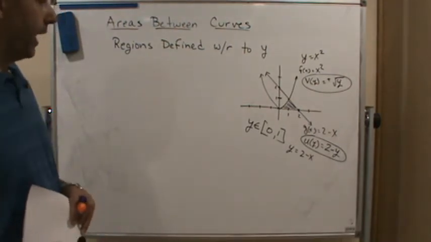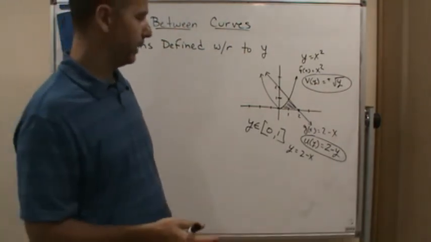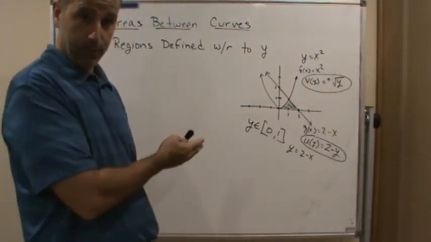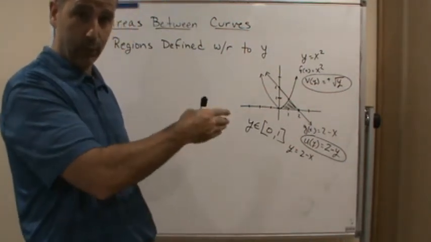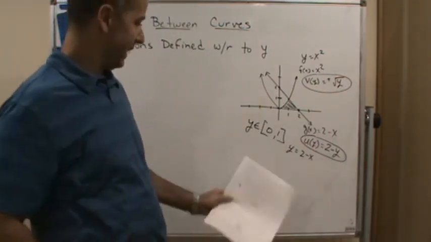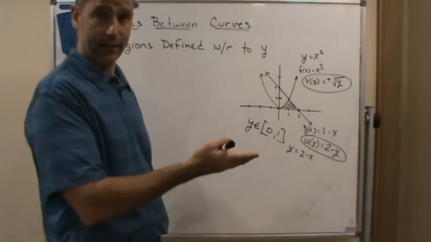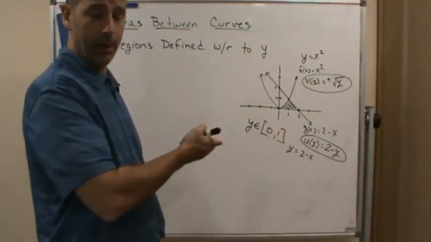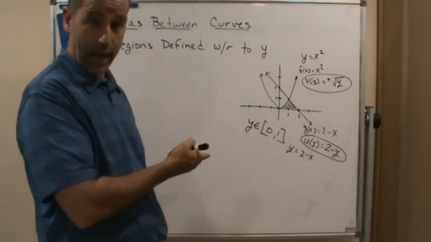Okay? And in essence, what we're doing is redefining our rectangles. In the beginning we had our rectangles vertical. In this way, what I'm going to show you is that we're basically flipping the rectangles to go horizontal.